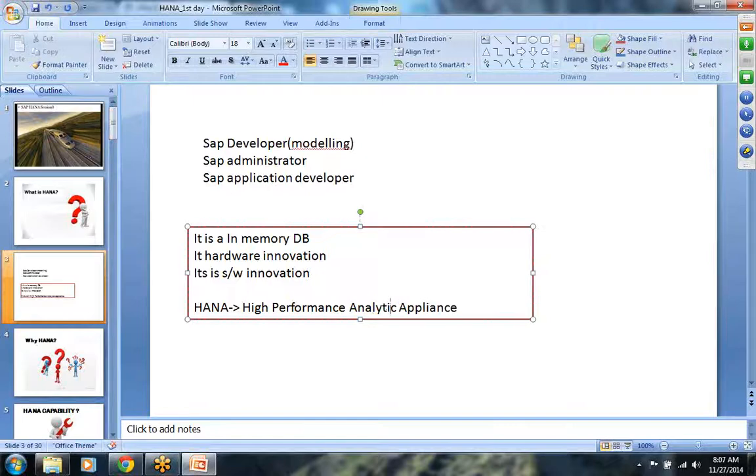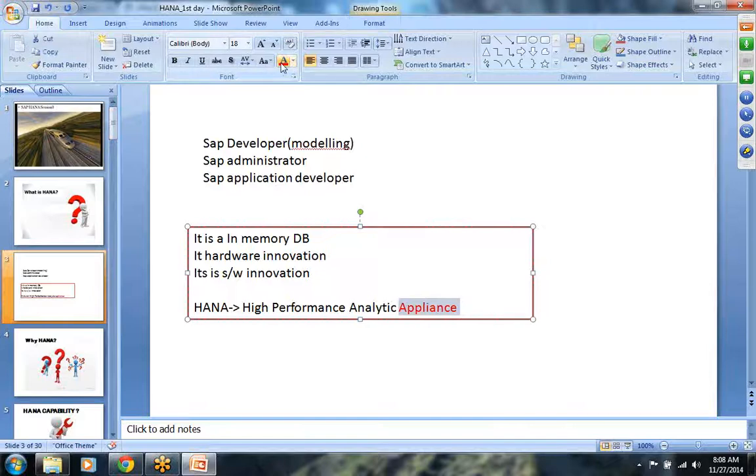So the HANA appliance is a mixture, because it is a platform that provides all three combinations: in-memory database technology, hardware innovation and software innovation. So we call HANA an appliance. Here you should majorly target this word, appliance.